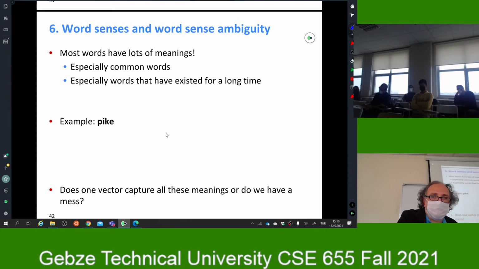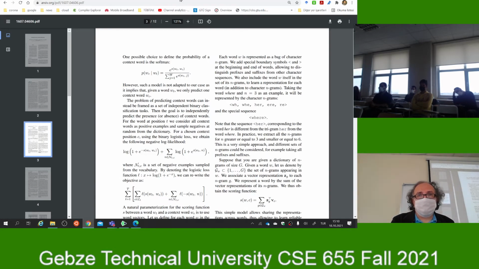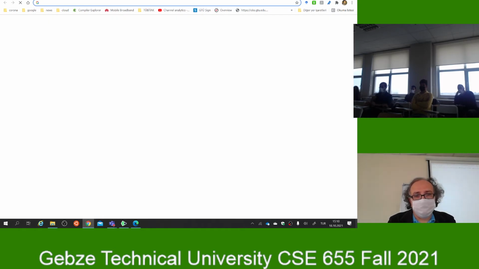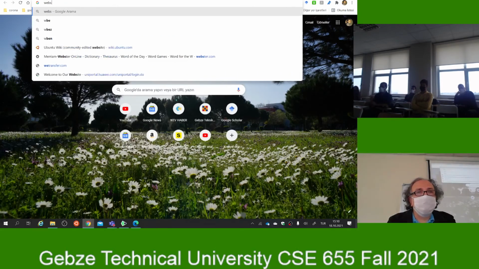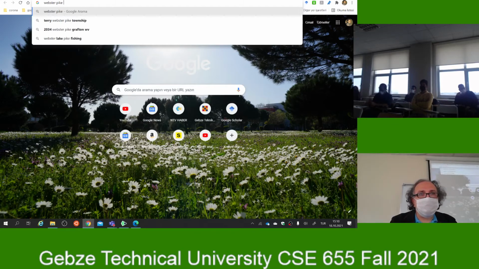This word pike in English has lots of meanings. If you look at the Webster dictionary, the only pike I know about is a weapon.